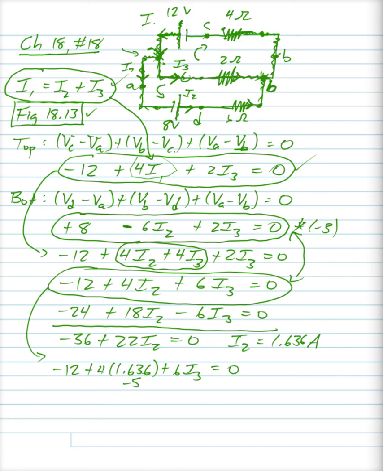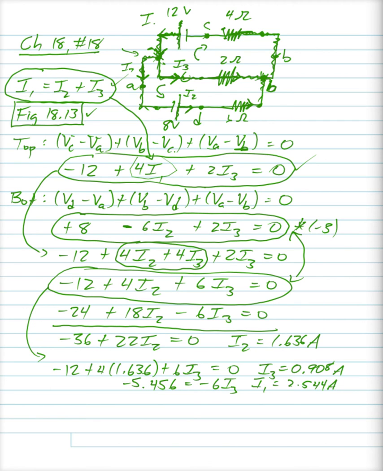That's minus 5.456 is equal to minus 6I3. So that means I3 is 0.908. And then I1 is equal to I2 plus I3, so I1 is 2.544 amps. Alright?